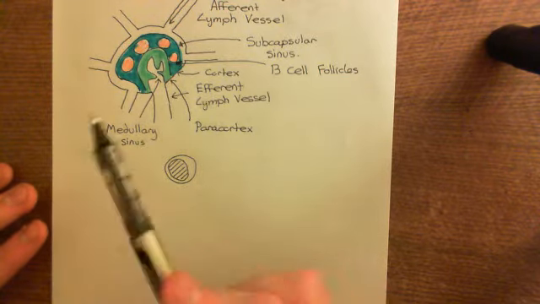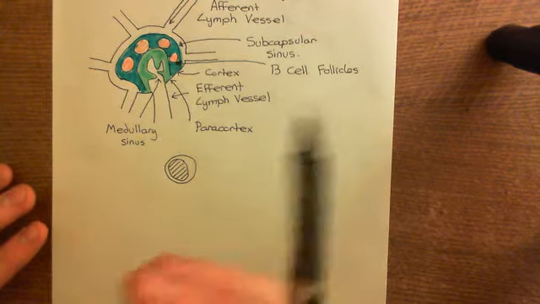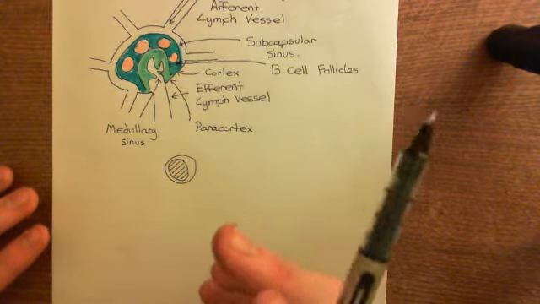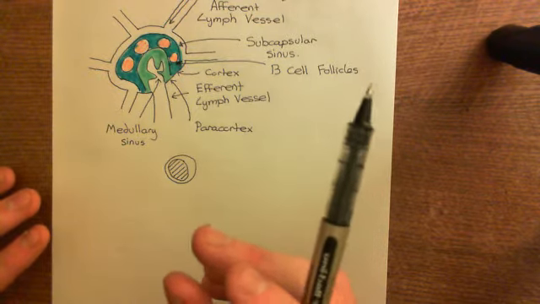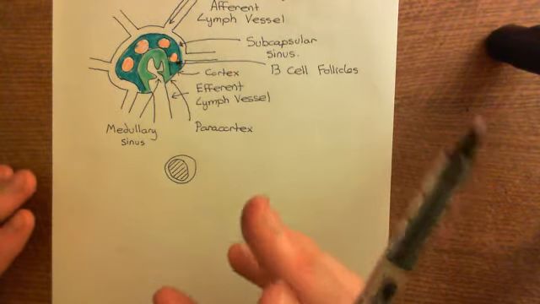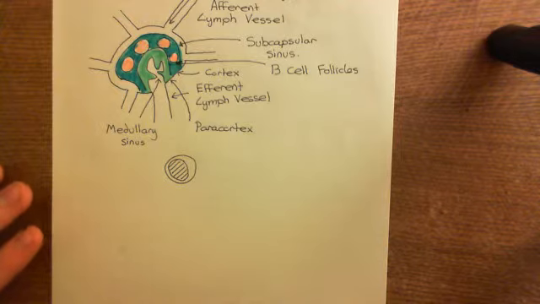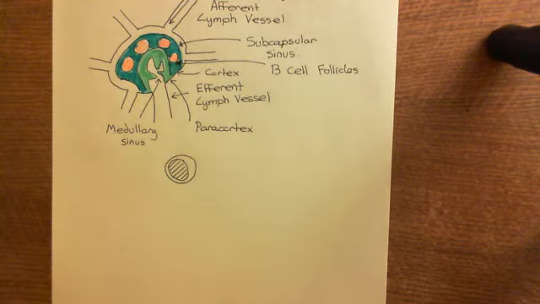Now, it's got a slightly more interesting life than just sitting in the same lymph node forever. It can move out of that lymph node into the blood and then go to another lymph node, or potentially go to the spleen. The spleen also has T cells and B cells within it in the white pulp of the spleen. So it can move around a bit, but it's not doing any strenuous chemical reactions.